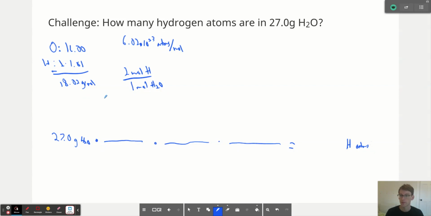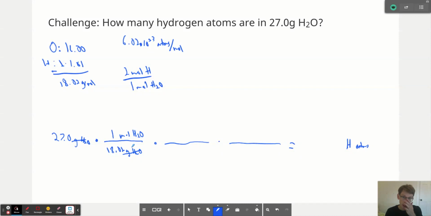First thing I'm going to do is get rid of grams of water. Of all the conversion factors here, the only one that has grams of water is the molar mass. So I'm going to say 1 mole H2O for every 18.02 grams of H2O.